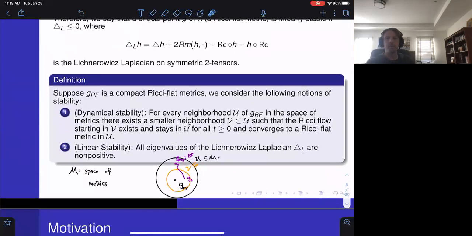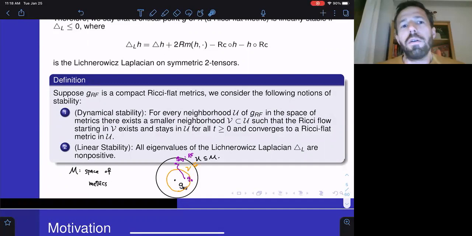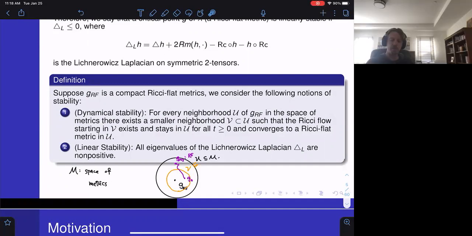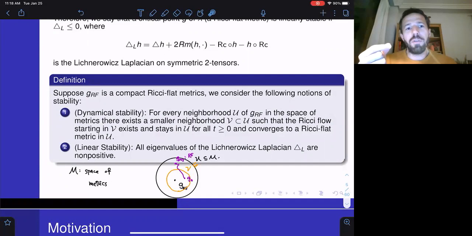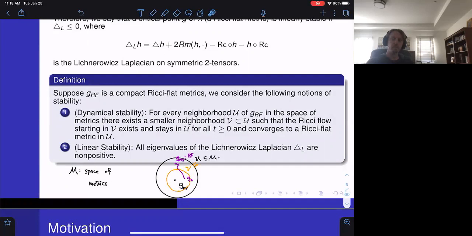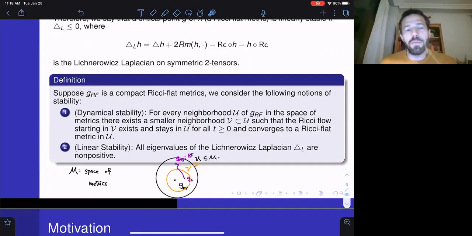Of course, Kähler-Ricci flow will preserve the class and converge to a unique limit, as you say. But regular Ricci flow can change the Kähler class. This is actually a good example, because you may perturb the initial Ricci flat metric by deforming the Kähler class, and then the limit will not go to the original. Exactly.